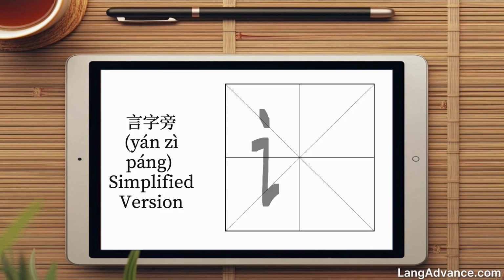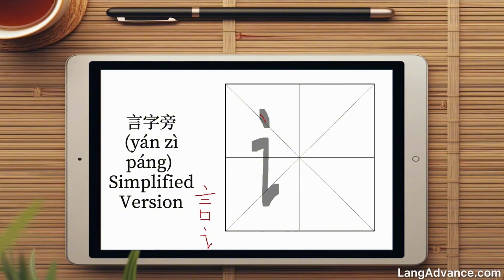Now as you just saw how it was written, you see we have a dot right here. And now instead of that 3 lines, 1, 2, 3, and then we have the mouth, which is the 言. In this case, the simplified version is basically one dot and one straight line, which makes it very easy to write.